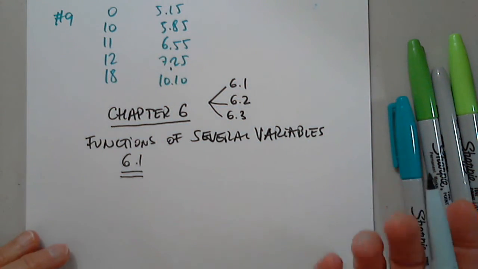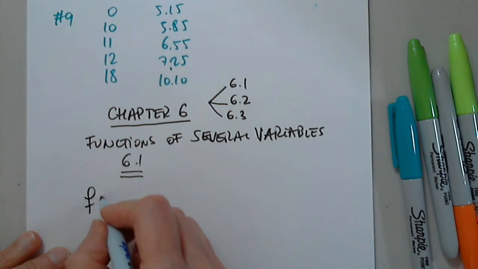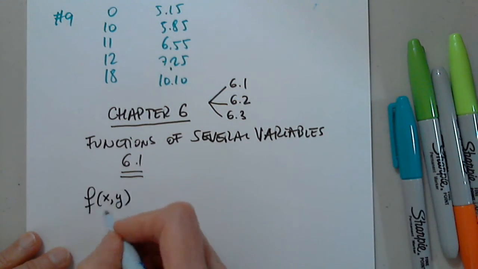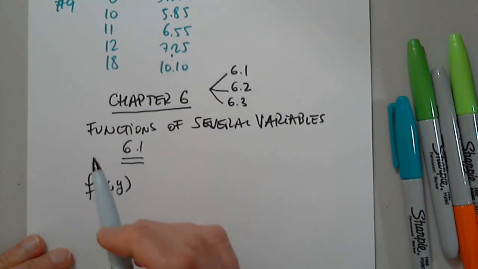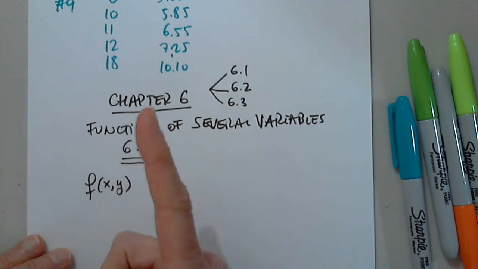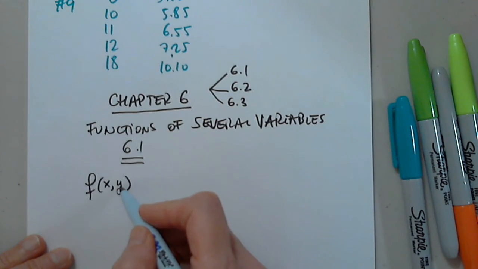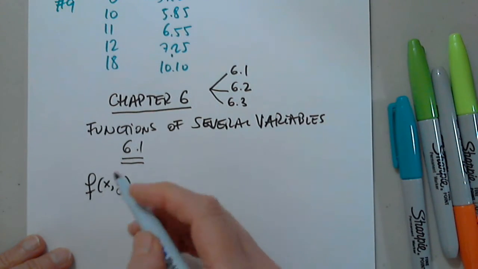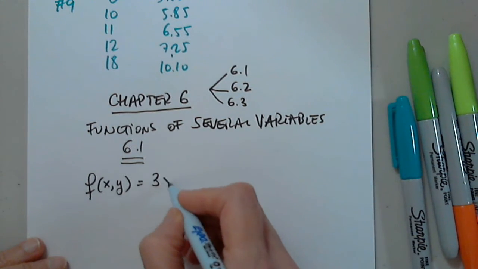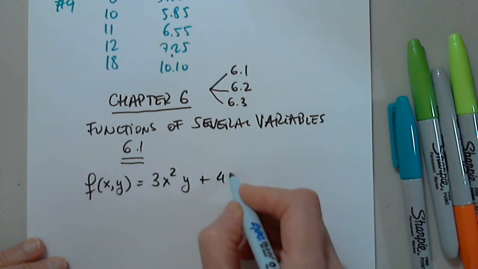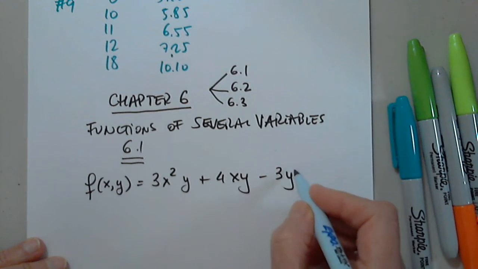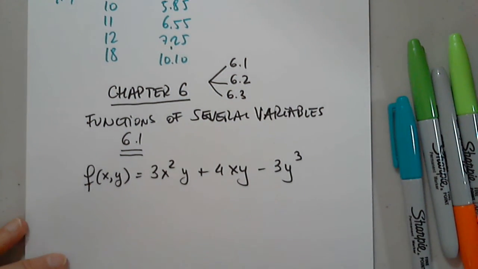How will a function of several variables look like? Something like this. There are 3 variables here. This is the function, one variable. This is the x, an independent variable, and this is another independent variable, right? So it will look something like, let's say, 3x squared y plus 4xy minus 3y cubed. So this is an example of a function of 2 variables.